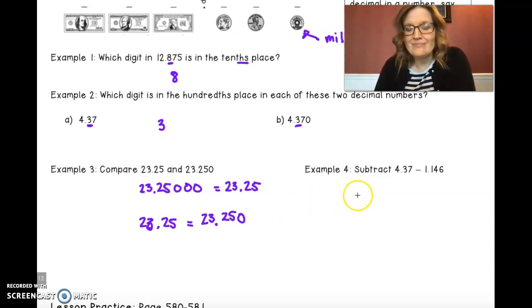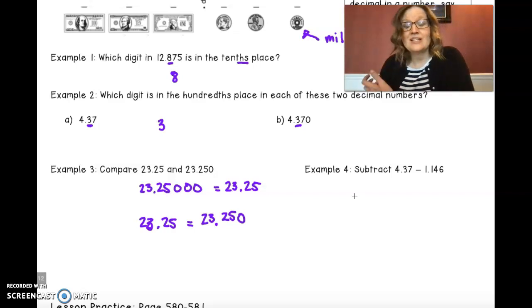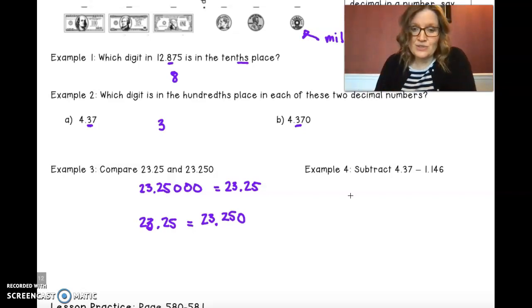Finally, when we're subtracting, whether we're subtracting tenths, hundredths, or thousandths in decimals, the rule still holds true. You line up your decimals. So in this situation, we have 4 and 37 hundredths minus 1 and 146 thousandths. And we do the same thing that we've always done.